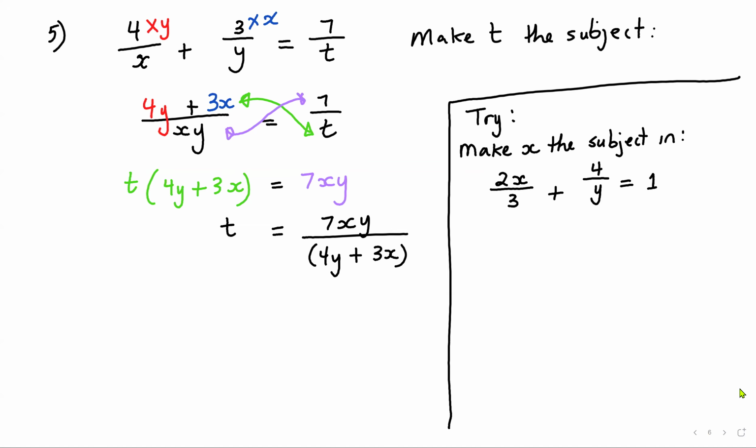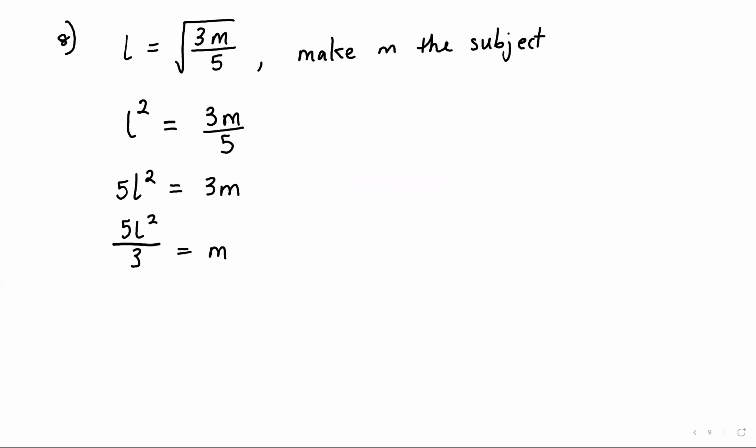So it's 2x over 3 plus 4 over y is equal to 1.